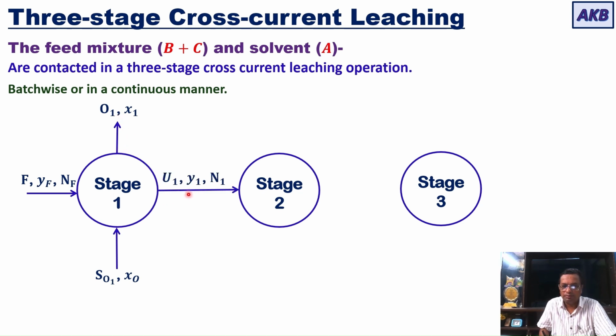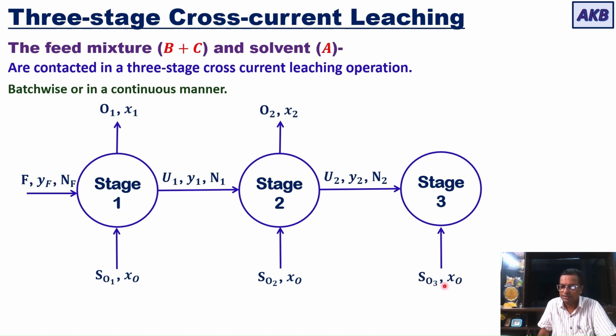The underflow will be transferred to the second stage, where it will again be contacted with a fresh solvent. At the end of the operation in the second stage, you'll get an overflow and an underflow. The underflow from the second stage is sent to the third stage, where it is again contacted with a fresh solvent stream.